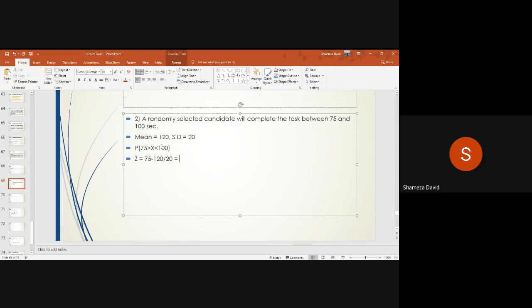And so 75 minus 120 gives us a negative 45. And then we divide that by 20. And that gives us a negative 2.25.